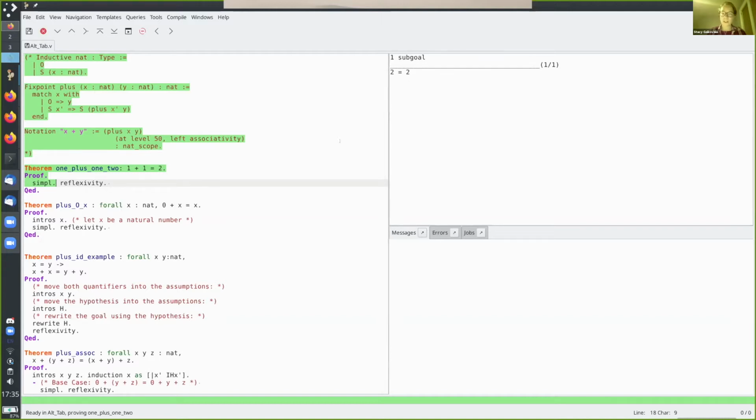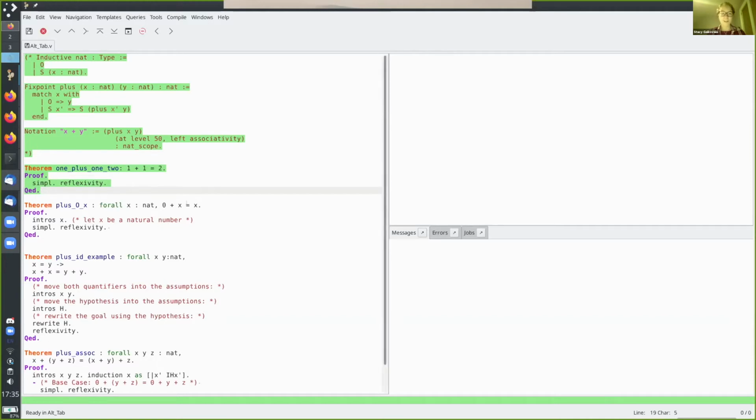Because we clearly have that now, we can just apply reflexivity. And now Coq is telling us that we have no more subgoals. So we've finished our proof, and we're allowed to finish our proof script by declaring Qed. Okay, done. Let's go on to a slightly more complicated example, plus 0 x.